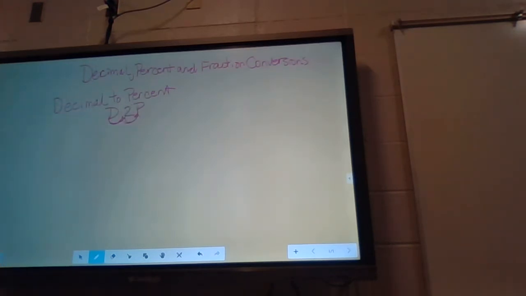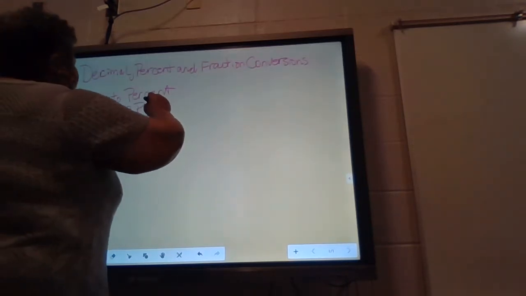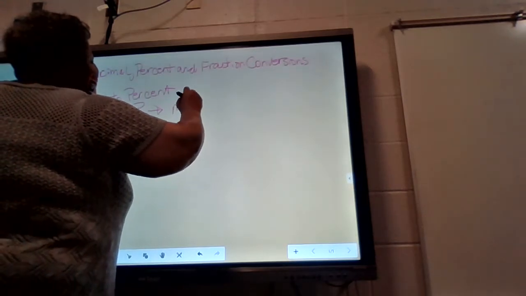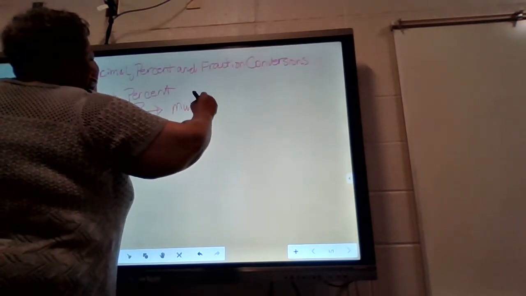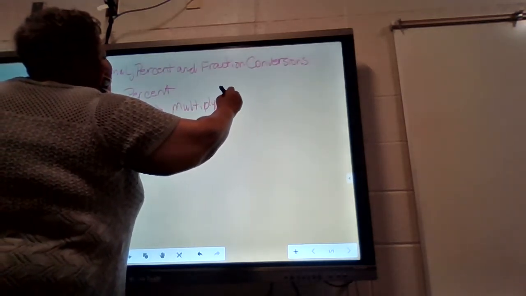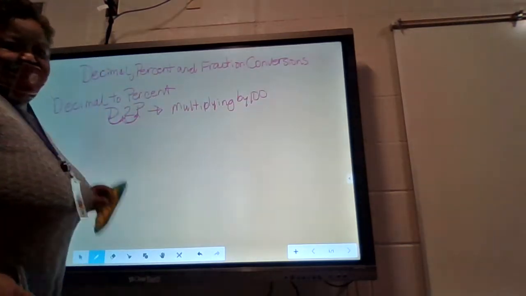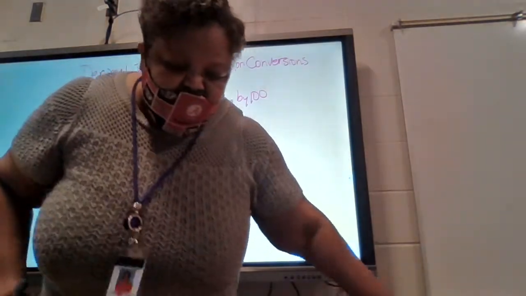So I'm going 2 places to the right if I write D2P. Another thing we're doing is when you move 2 places to the right, that's the same as multiplying by 100. So I'm going to give you a moment to write those down.